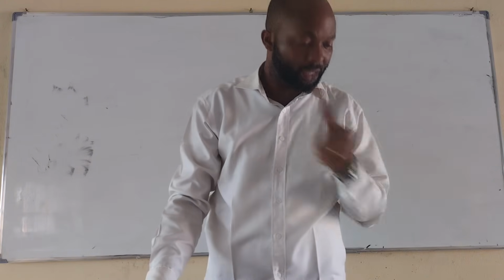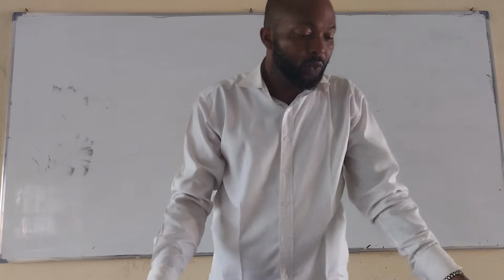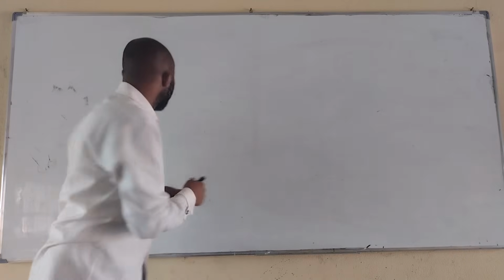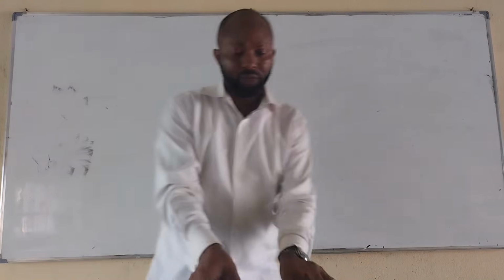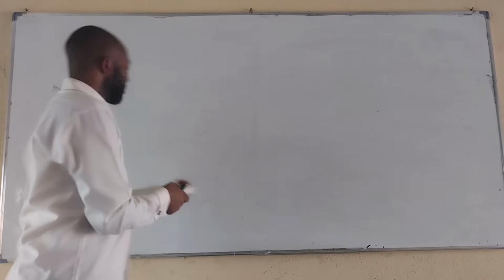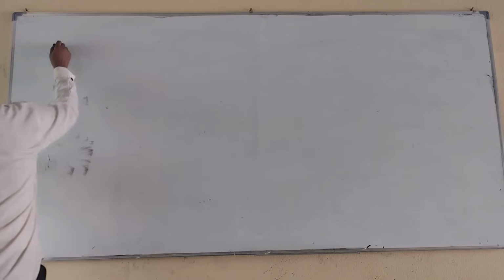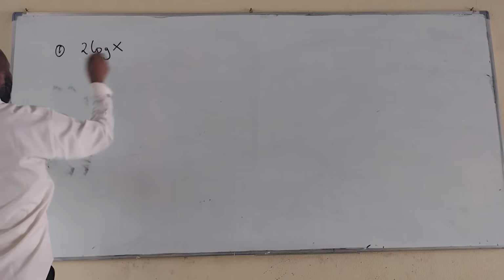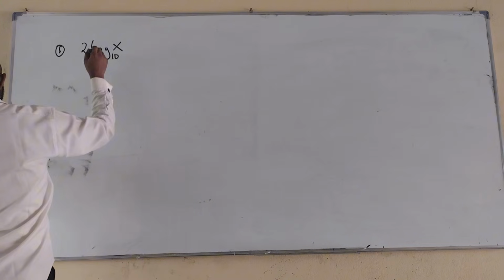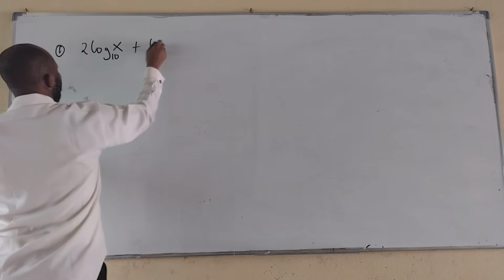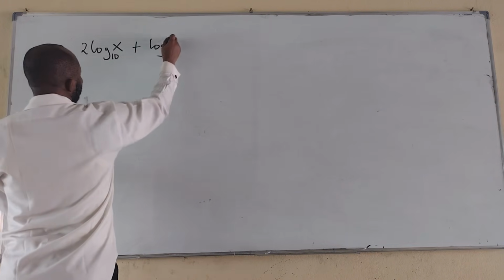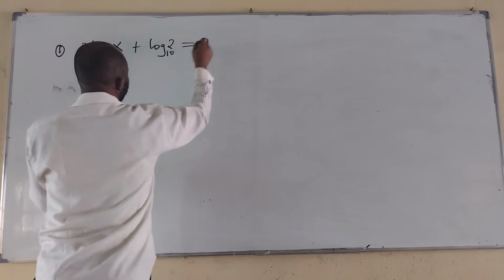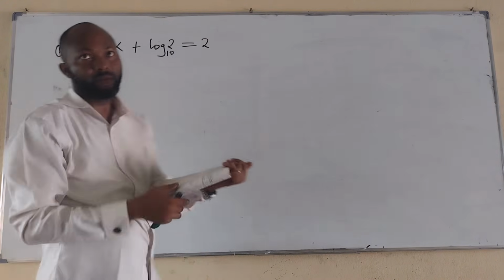So let's say question number 1 says, solve for x, given that 2 log x in base 10 plus log 2 in base 10 is equal to 2.